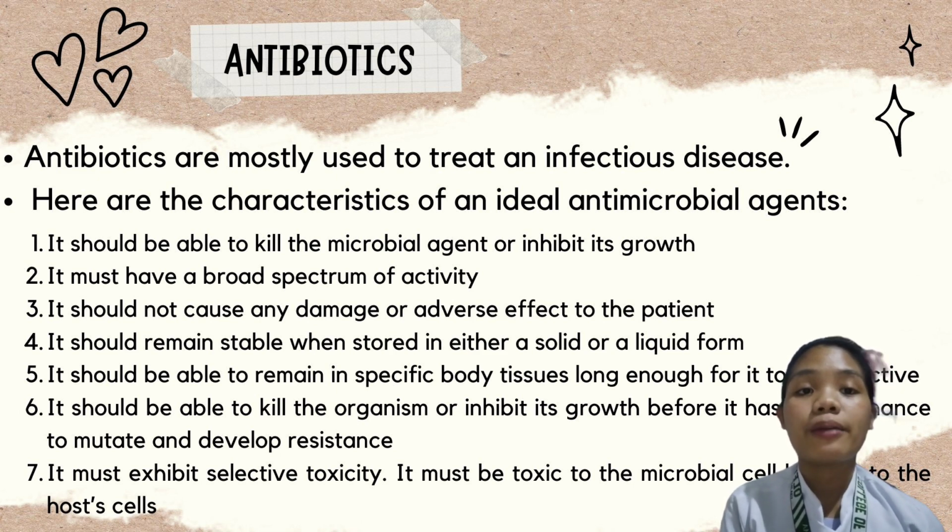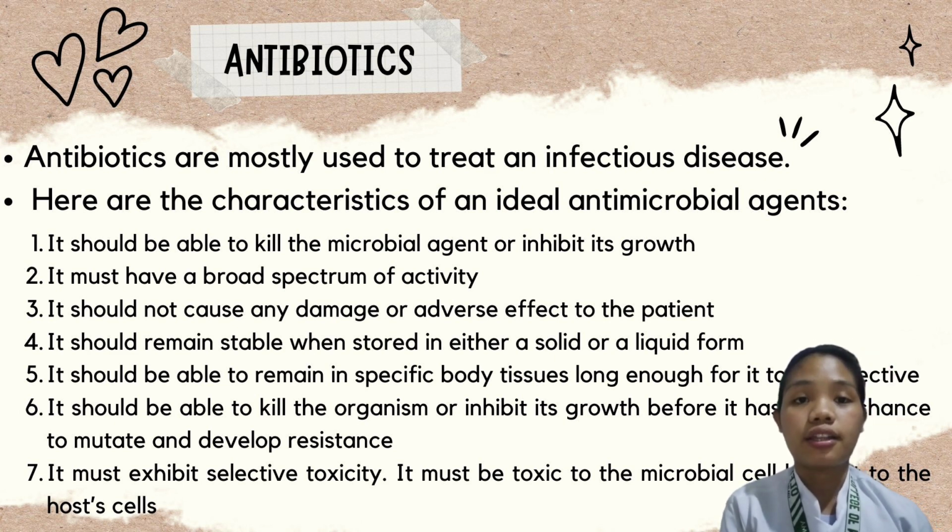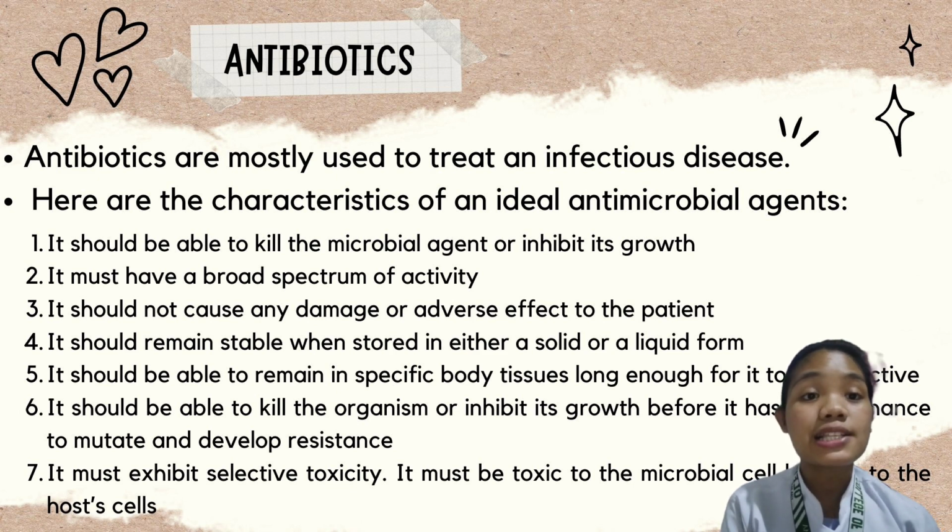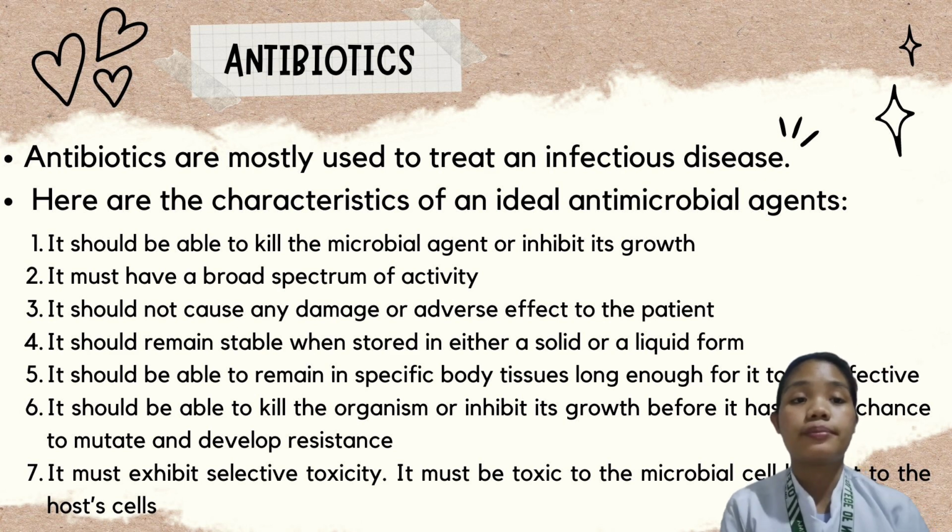Fifth, it should be able to remain in specific body tissues long enough to be effective. Sixth, it should be able to kill the organism or inhibit its growth before it has had a chance to mutate and develop resistance. Seventh, it must exhibit selective toxicity. It must be toxic to the microbial cell but not to the host cells.